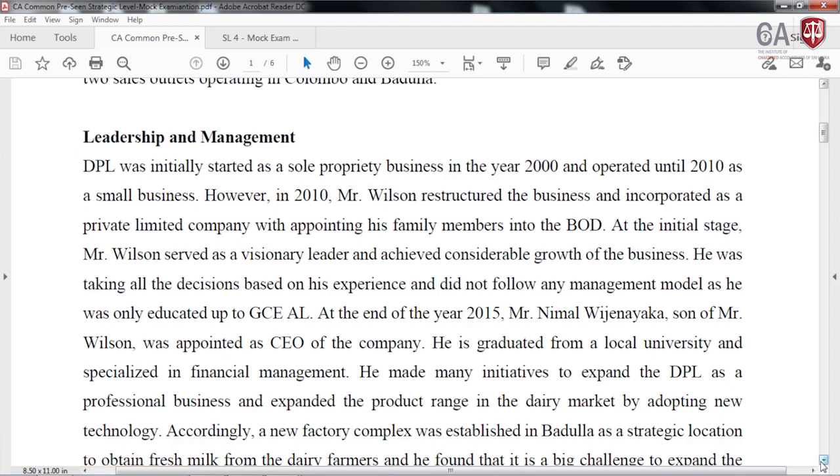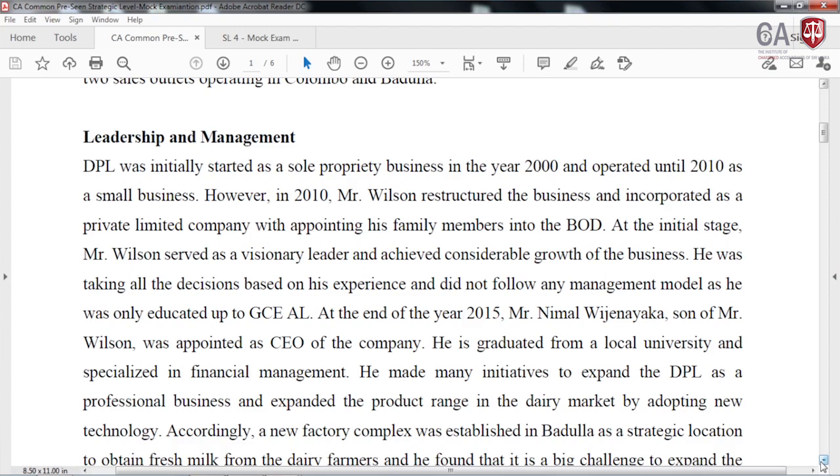However, in 2010, Mr. Wilson restructured the business and incorporated it as a private limited company, appointing his family members to the BOD. In 2010, he converted the sole trader business into a company by including his family members as a board of directors.